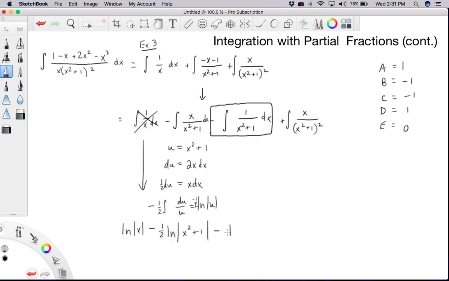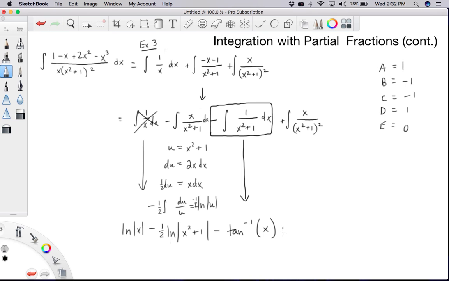Basically, it's going to be minus, because there's a minus out here, but inverse tangent of x. Maybe I'll make another video showing why that works. Oh, I already did. This is trigonometric substitution. So if you don't understand why this piece is equal to inverse tangent, go look at the video. I think it's called Integration with Trigonometric Substitution. So if you're unclear on that, just check it out.